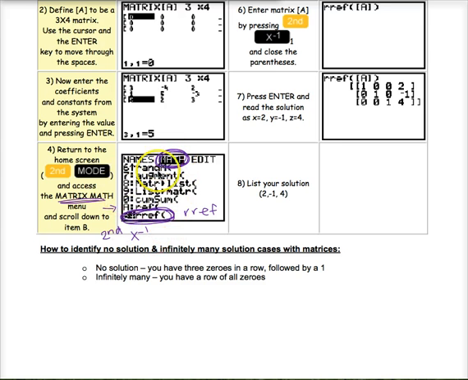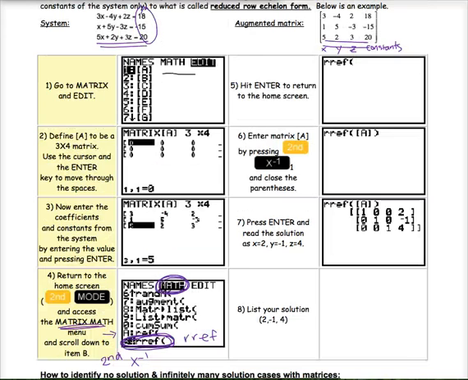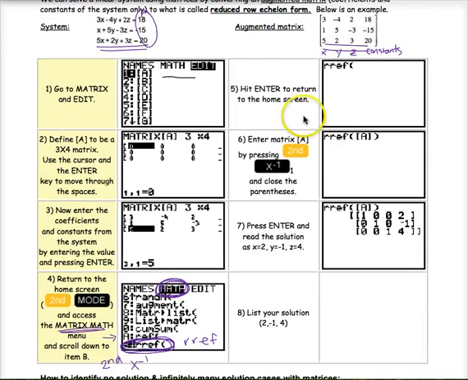So, Matrix Math, RREF, and then step 5, when you hit enter to select it or choose B, it's going to go back to the home screen and you're just going to see RREF and then a blank parenthesis basically. You have to tell it what matrix to take reduced row echelon form of.